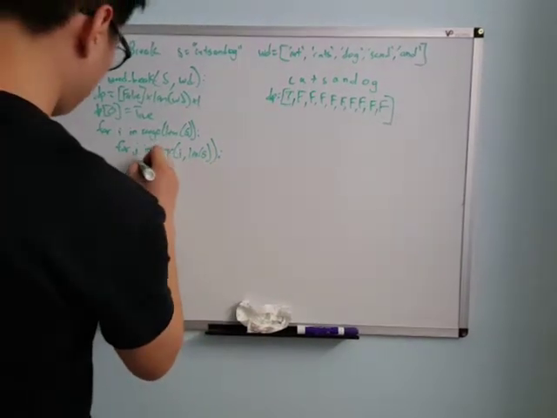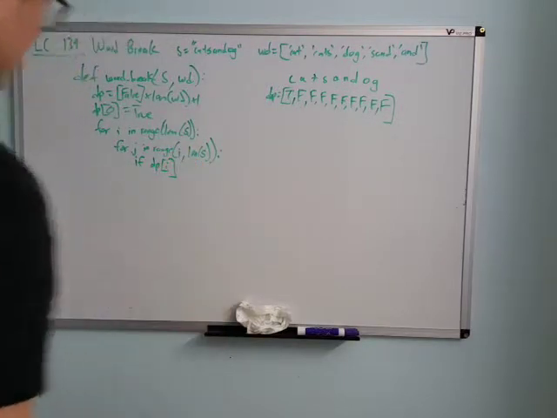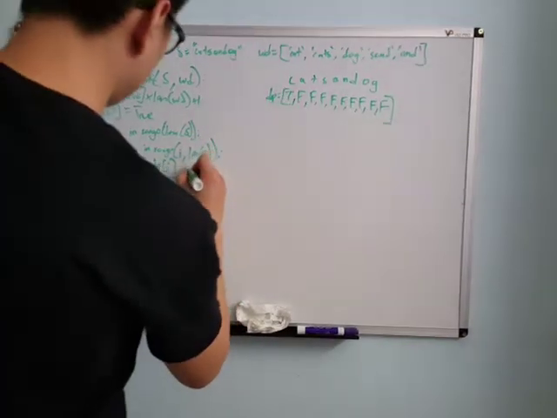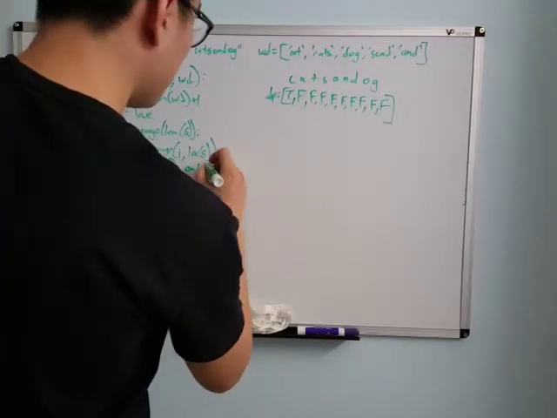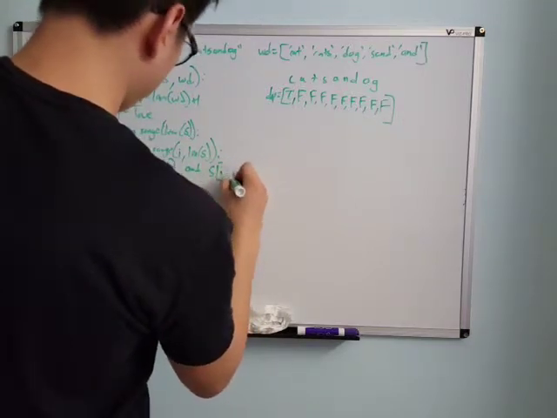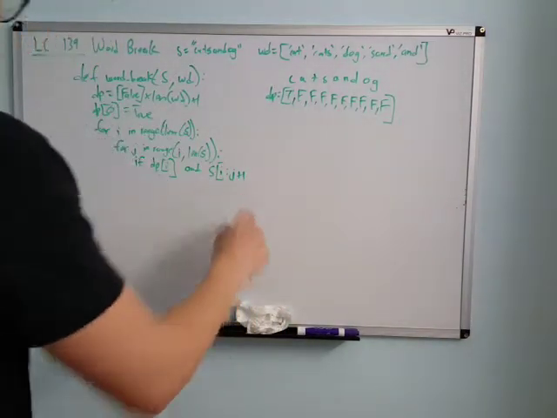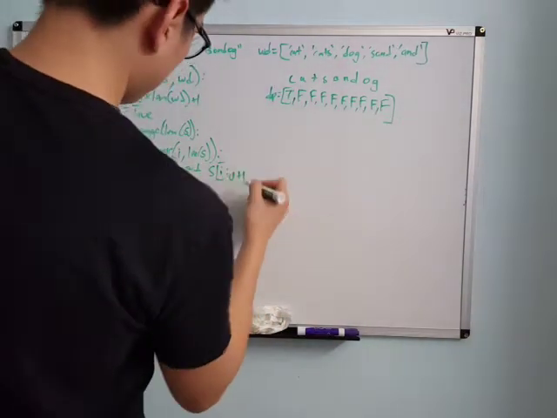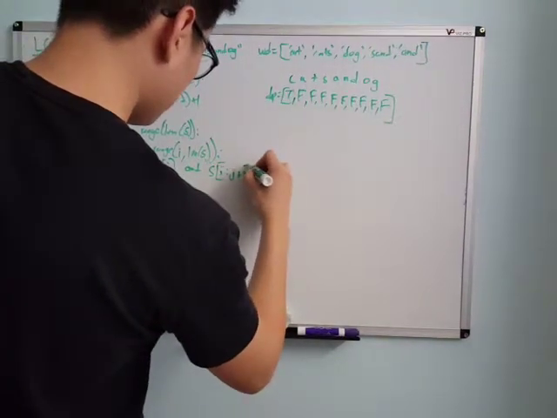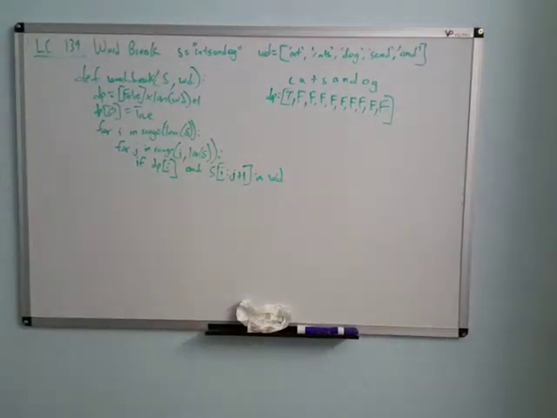So we'll do if dp of i and s of i to j plus 1, because in Python the slice does not include the last index or the last number in that range, in word dict.